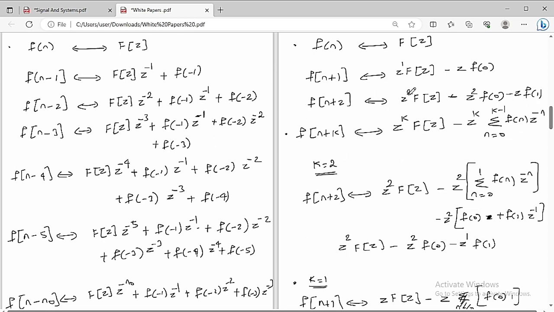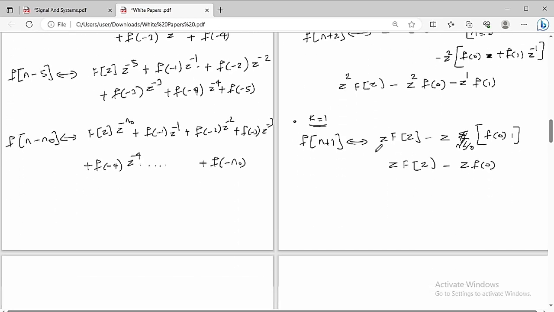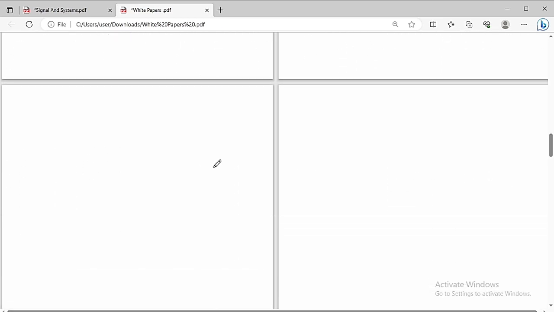So now remember the remaining things. Let me write this last formula so that you can easily understand. Here k is positive. I will explain how to write the negative value of f of n minus n naught for the unilateral transform. For n naught positive, I have already told you. But for this one, let me write here f of n plus k.